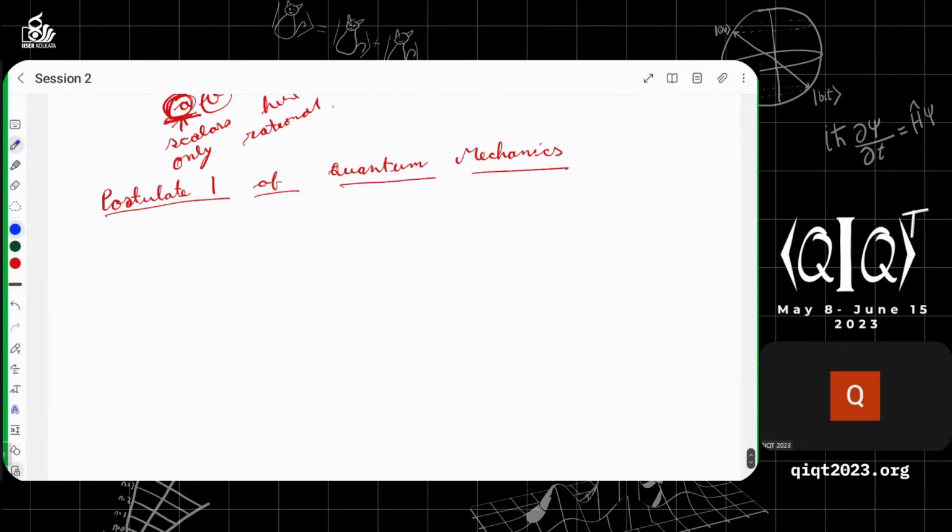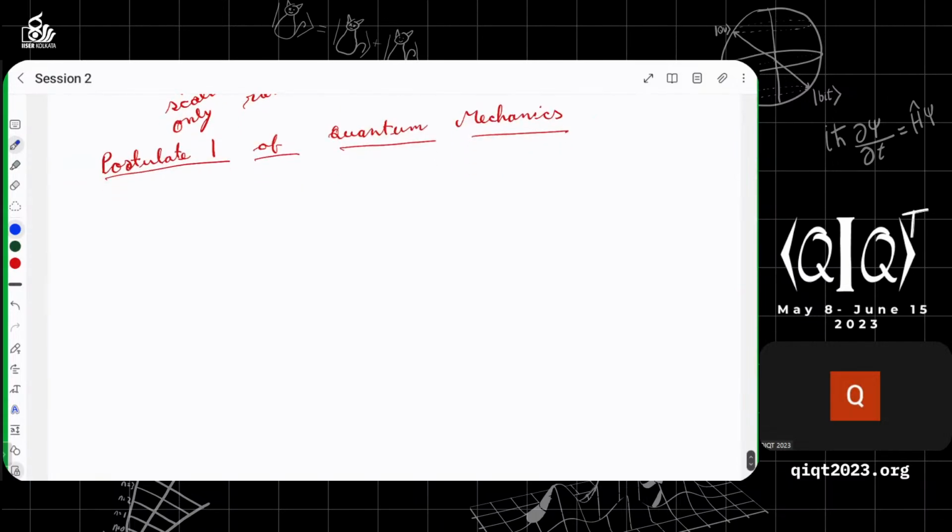And this postulate one I had very briefly mentioned in the last class, about the vectors in abstract vector space. So let's put it down a bit more formally now.